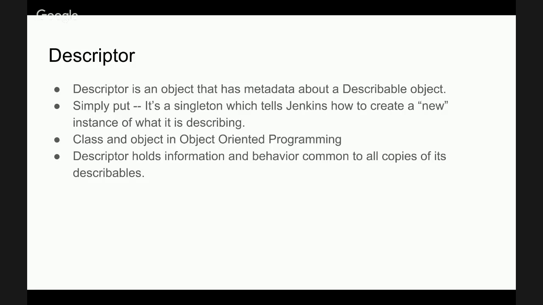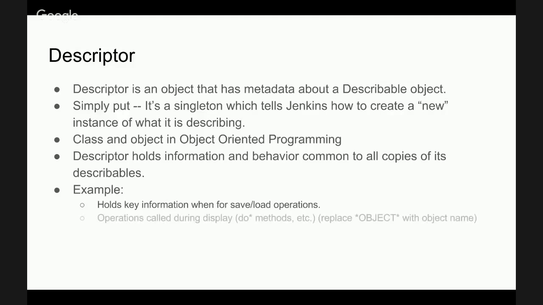This thing also holds other things like helper methods, so like a save and a load operation. It also holds the do-star methods. What these do, as other people have probably seen when they open up a Jenkins installation, is act like a pre-validated field.